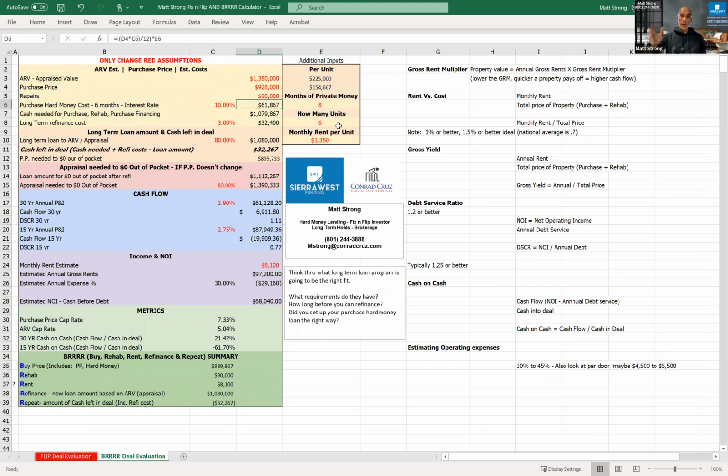So to BRRRR, you're either going to have to use private money or cash to bridge that gap between the purchase and then the ultimate refinance. So in this case, what is your cost of money? In my case on this deal, it's 10%. And it's 10%, not necessarily the full 928. It's 10% of a little bit of a smaller number because I did put some cash into it.